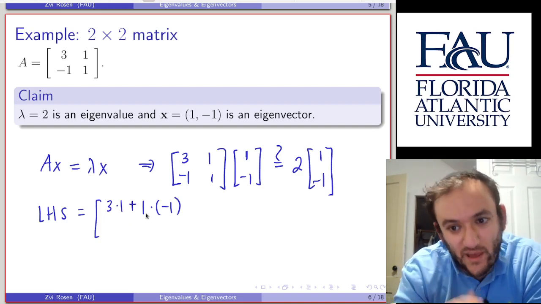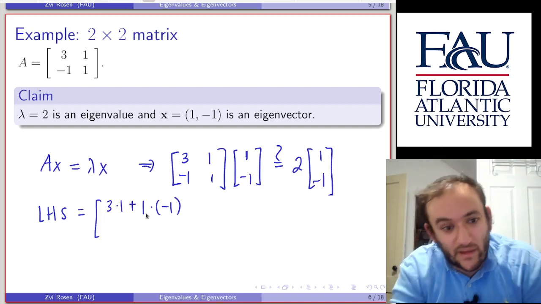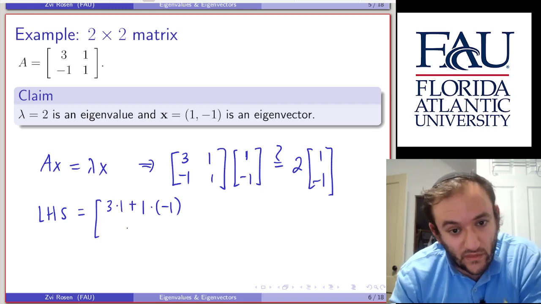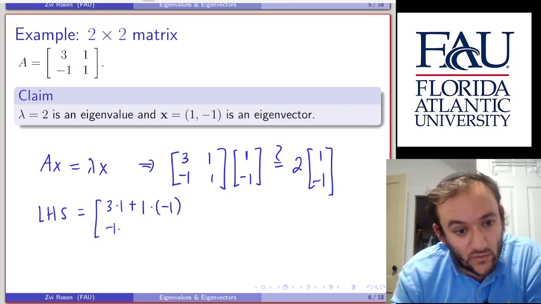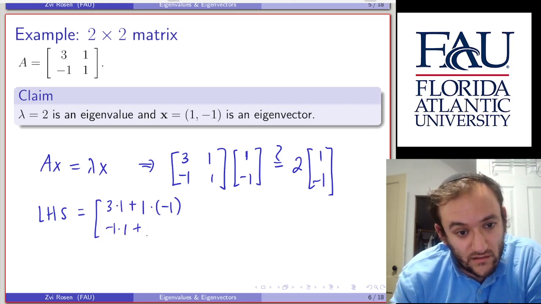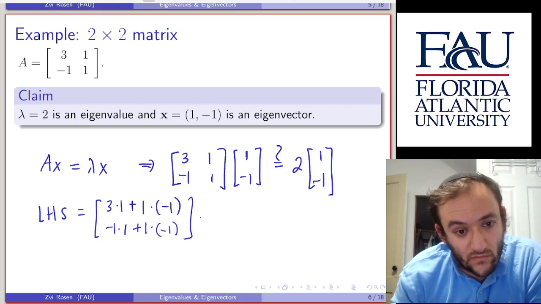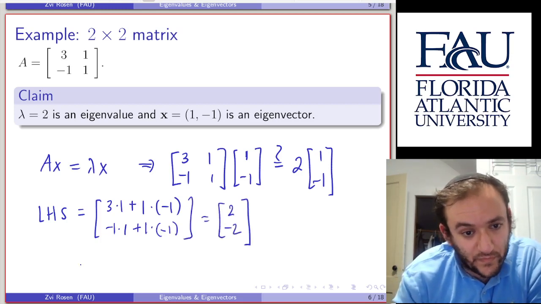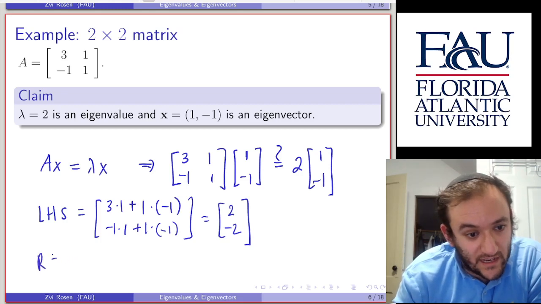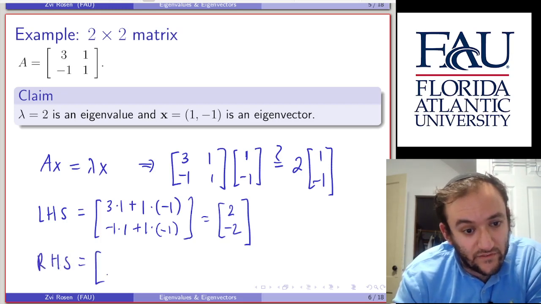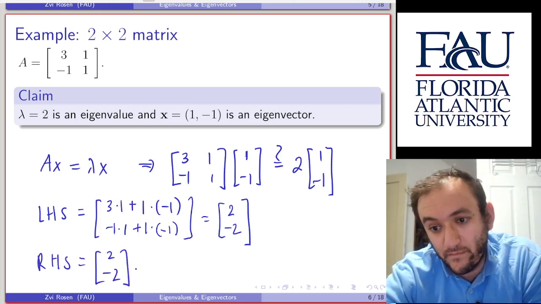So the first one is positive 2, and the second one is minus 2. And then on the right-hand side, we have 2, minus 2. Okay.